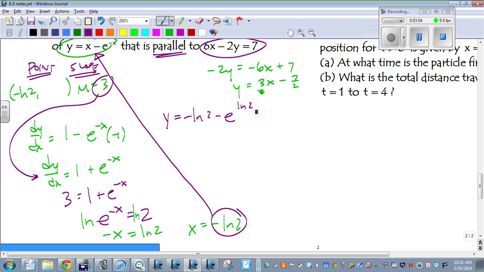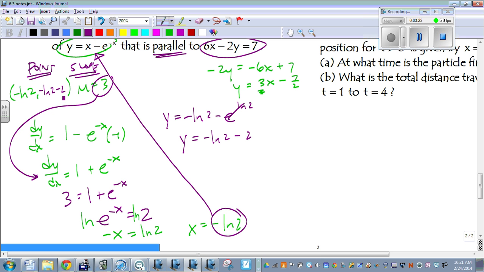The negatives cancel each other out. But what's e to the natural log of 2? 2. So y equals negative natural log of 2 minus 2. Those cancel each other out. So that's our y value. Again, not very pretty: negative natural log of 2 minus 2.